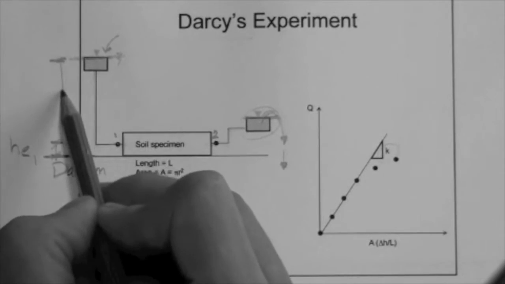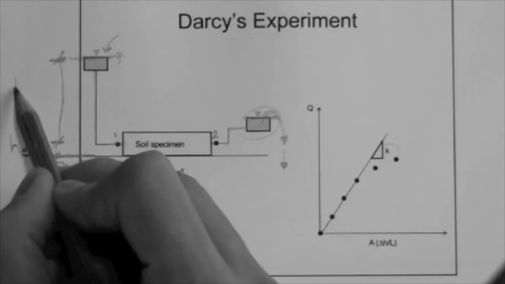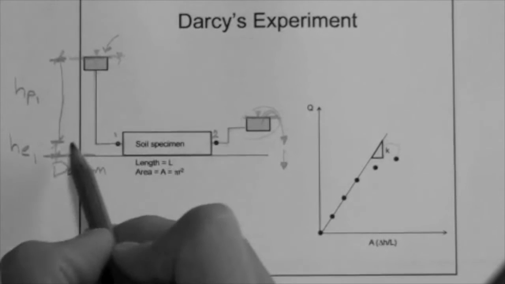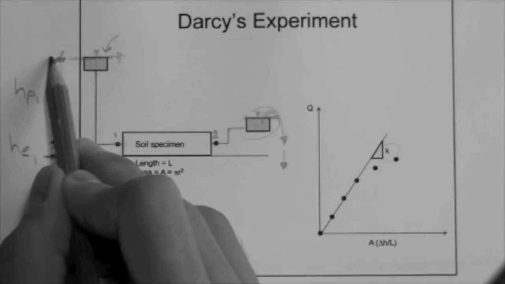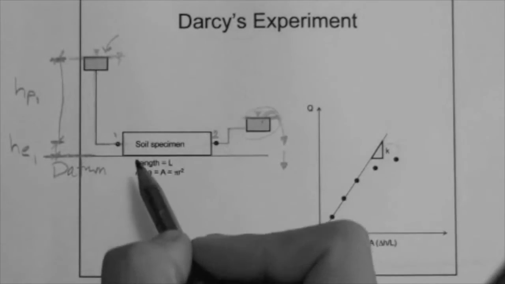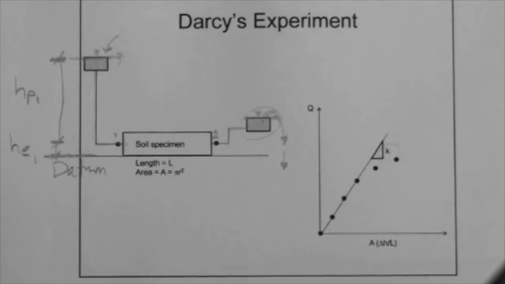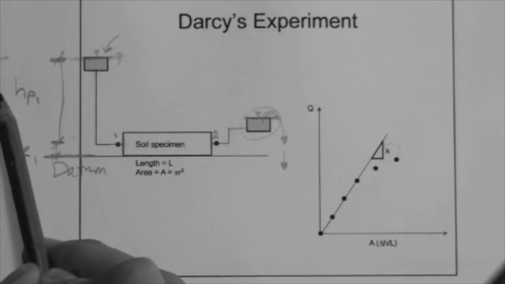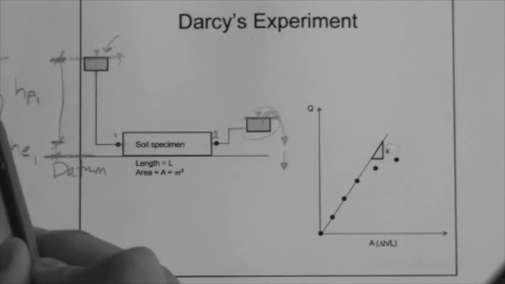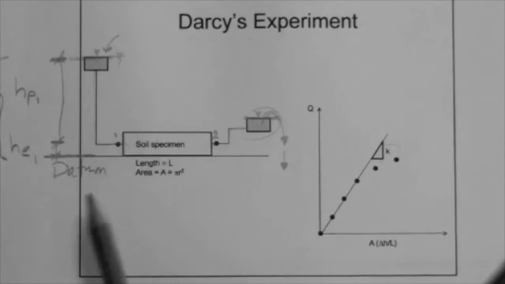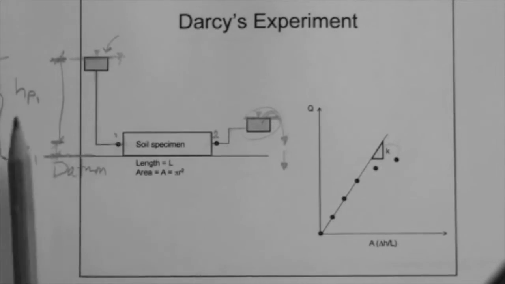So, pressure head is from the point to the water table. Okay? Now, because this is soil, we can neglect the velocity head like we said before, and we get that the total head at point 1 is the distance from the datum to the top.